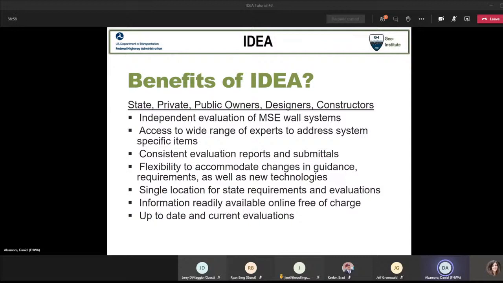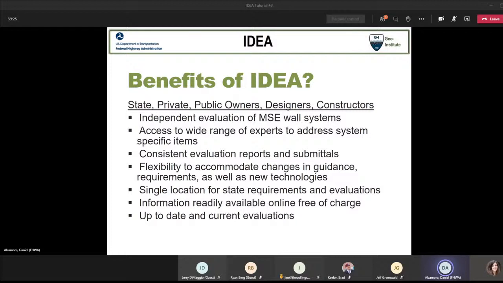So if one is interested in looking at a specific item in that evaluation or has a question about what was submitted and how it was looked at, one can, as an owner or a designer, contractor, whoever, go back and look at those appendices and easily find that information in these reports.